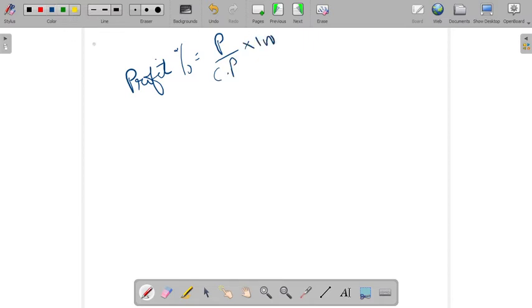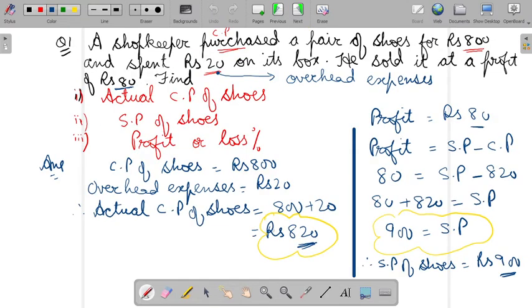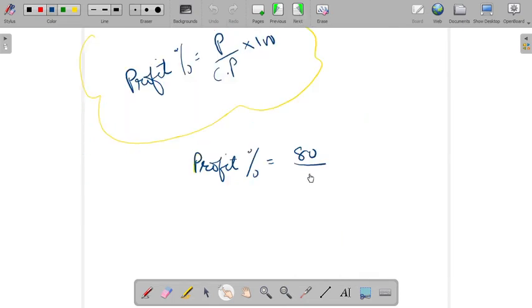So to find the profit percent, profit is rupees 80 upon CP. You will take this 820 as CP, the actual cost price of the shoes, 820. So 820 multiply 100. This is the formula we are using.